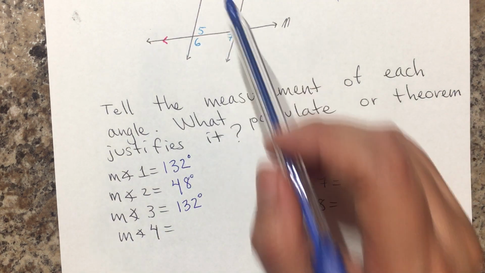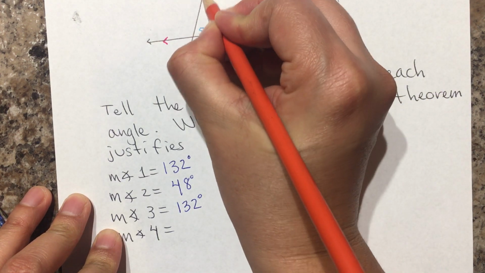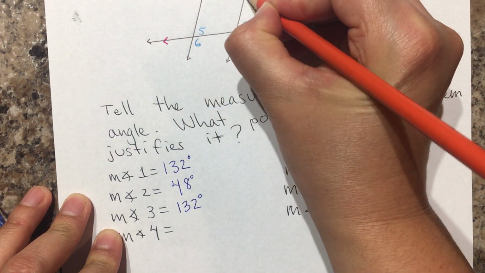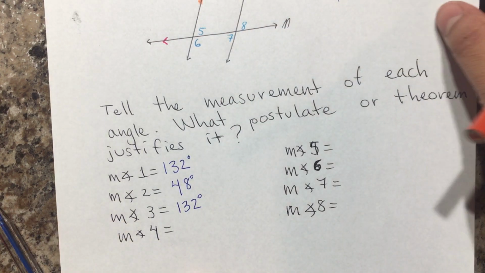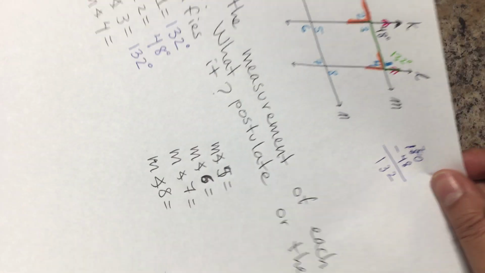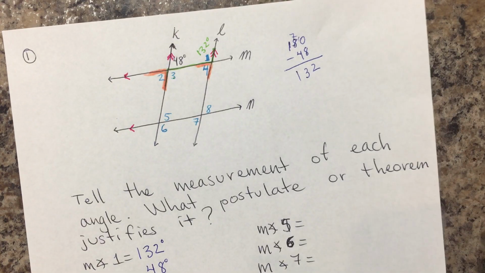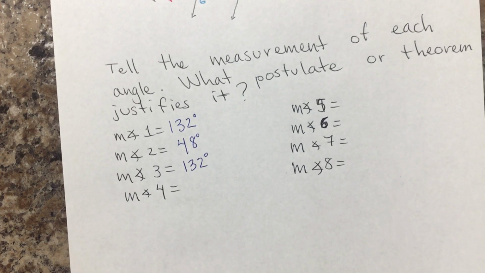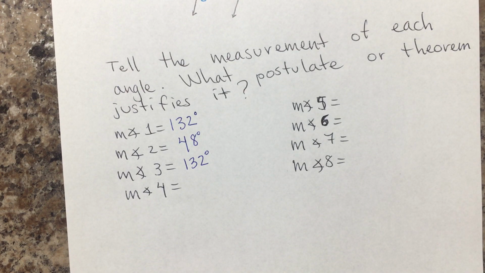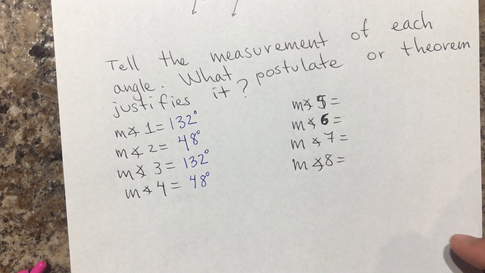Angle 4, we can think of these as the little boots that we talked about in the last lesson, or double L. Those are corresponding angles. Since they have the same position, they have the same measurement. Since number 2 is 48 degrees, then 4 is 48 degrees.